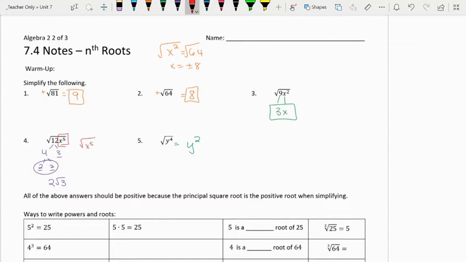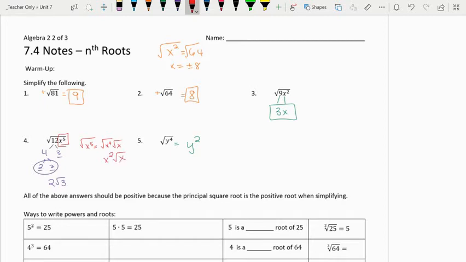On these, remember, we didn't do this in this class specifically, but you should have done it in Algebra 1. What we do is we take one out, and then you're left with something that is a perfect square. X to the 4th, just like the y to the 4th, would become x squared.